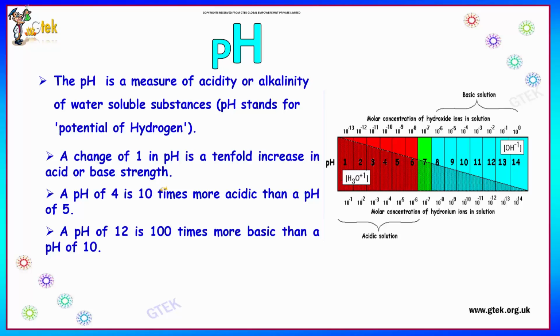Now we'll talk about pH value. The abbreviation pH stands for potential of hydrogen. The pH is a measure of the acidity or alkalinity of water soluble substances. A change of pH by 1 is almost a 10-fold increase in acid strength or base strength.